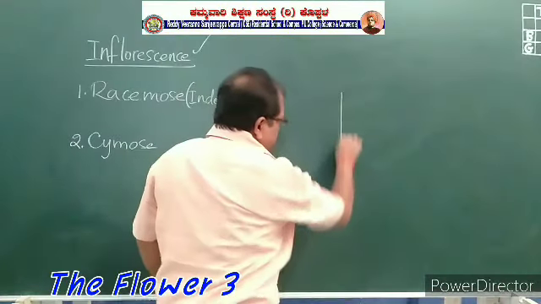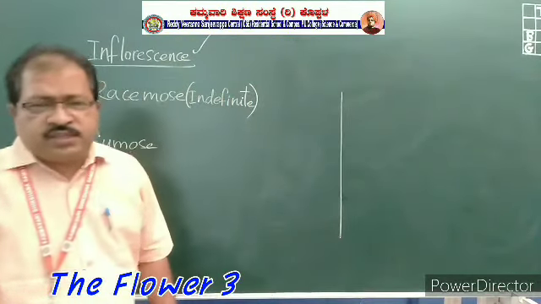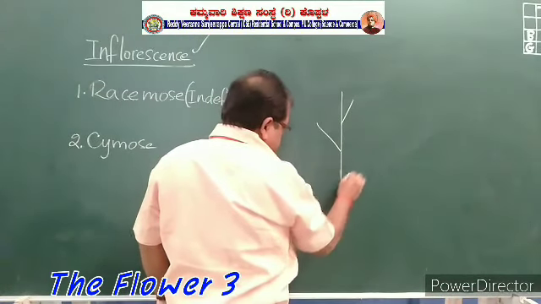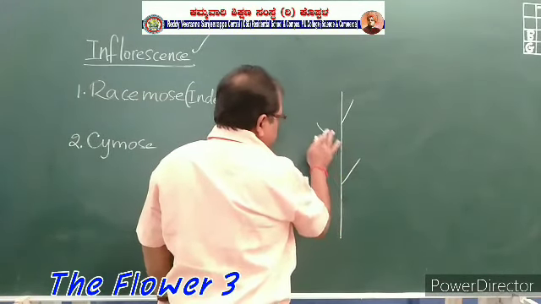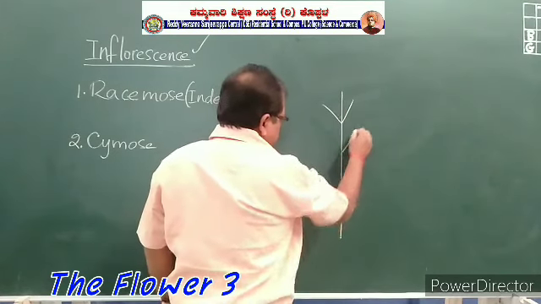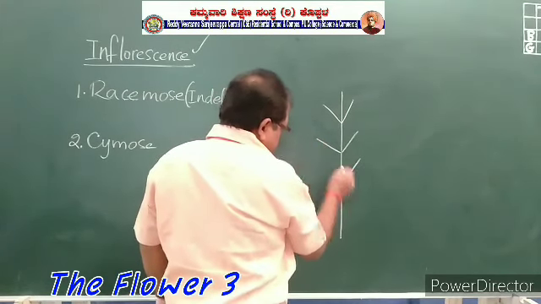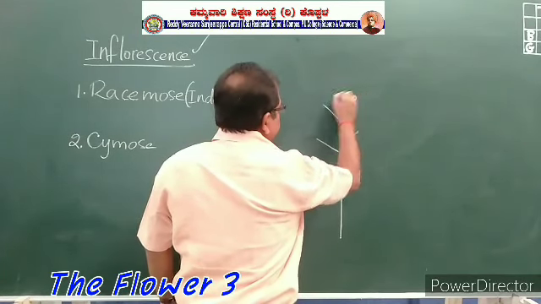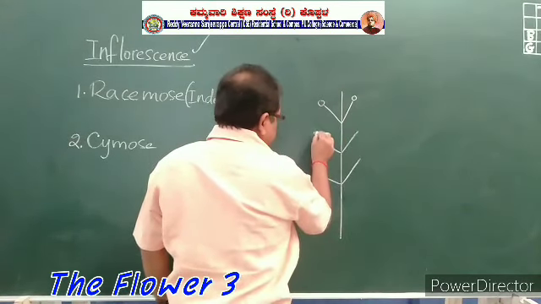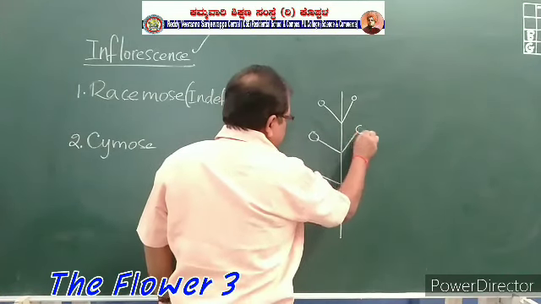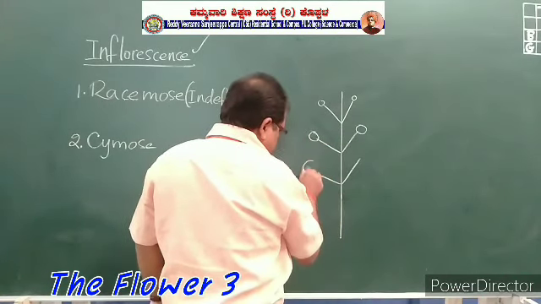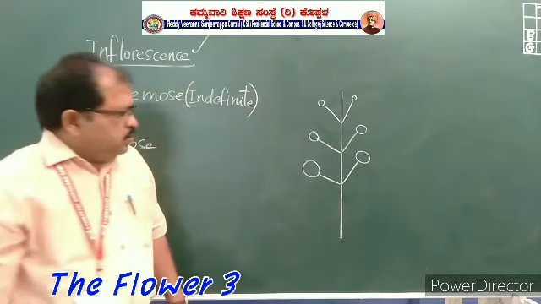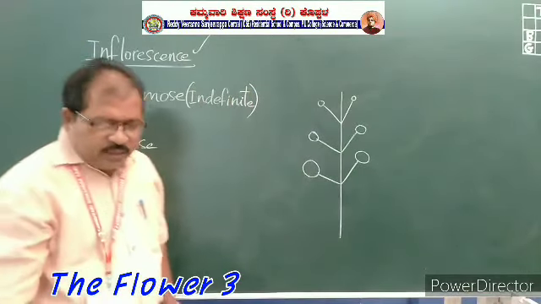Suppose this is the branch or the main stem, and the flowers are growing like this. You can see this is the racemose inflorescence.